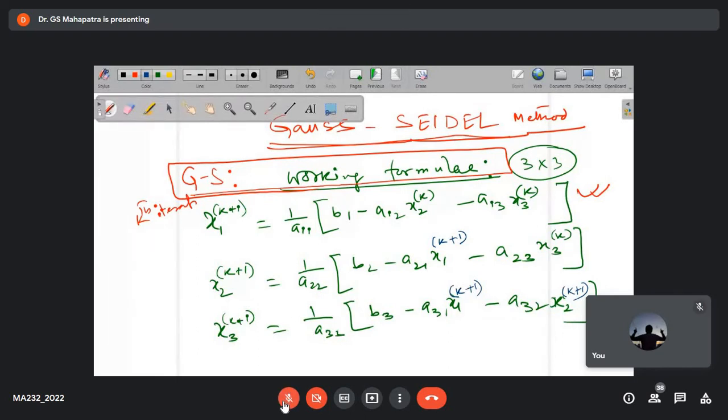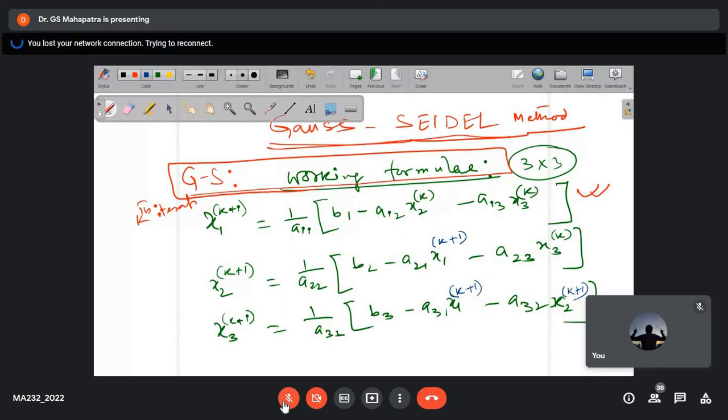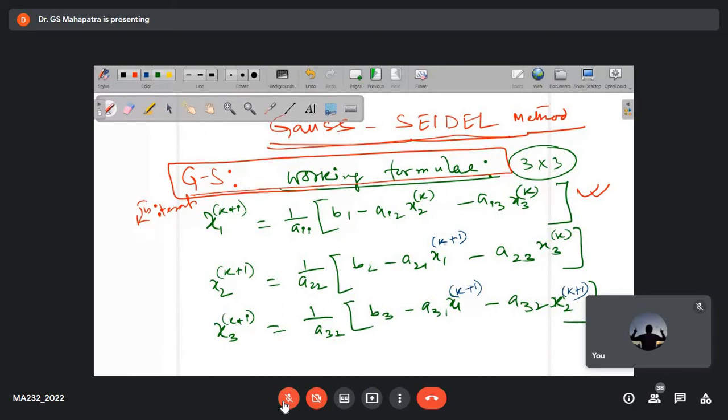So this is the earlier one. If you replace this one, this one, and this one, then this working formula is the new updated one, compared to the Gauss-Jacobi iterative method.